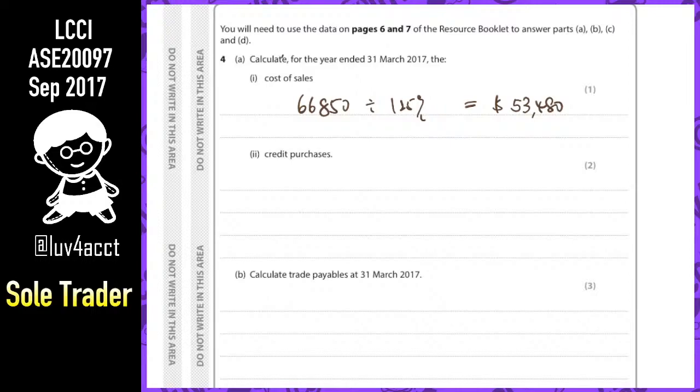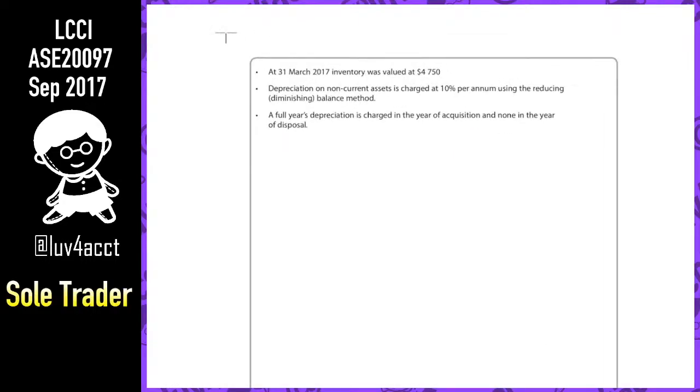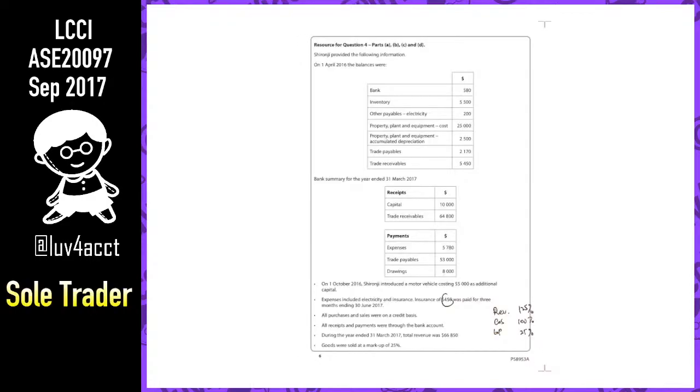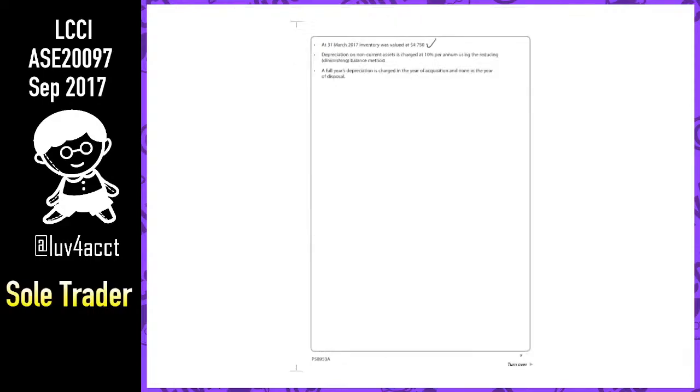How about credit purchases? We will need more information for that. We are given closing inventory. If we have closing inventory and opening inventory, then we can calculate the purchases. Opening inventory 5500, and then closing inventory 4750.